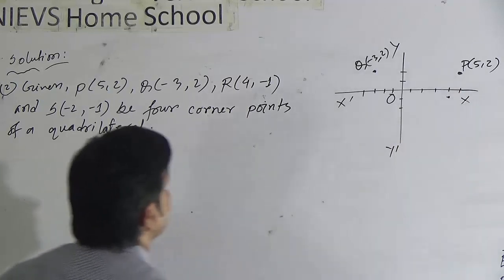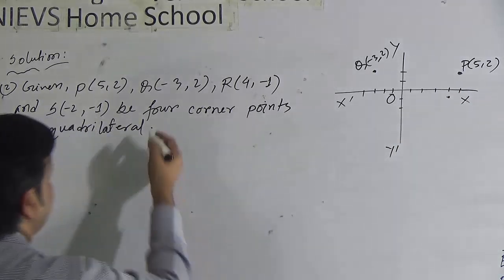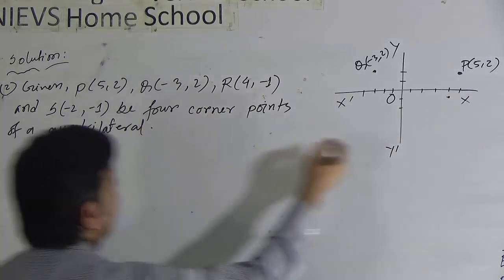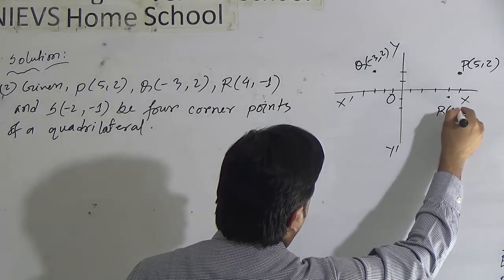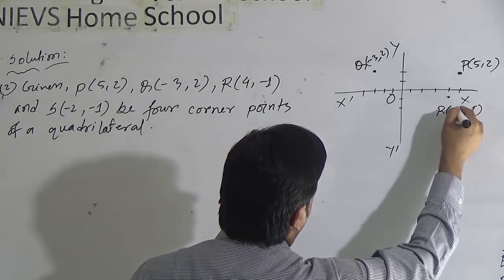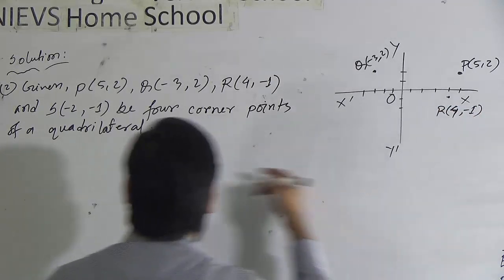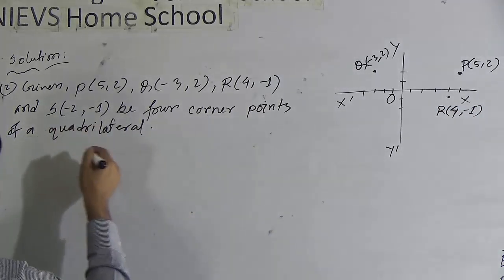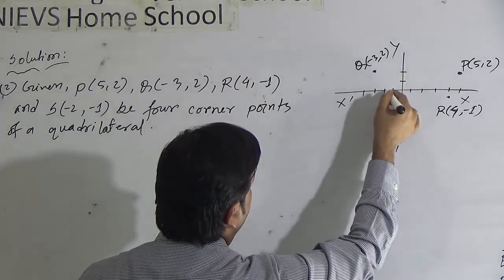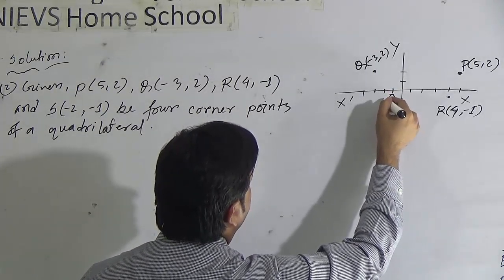If you notice here, this is -1, and then the next point, this is R, 4, -1. Now the next point is -2, -1, so this will be -2, -1 here.